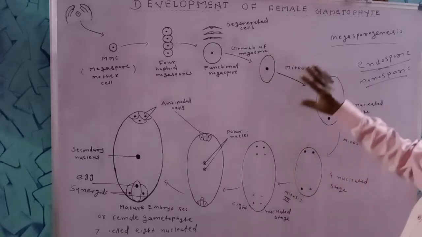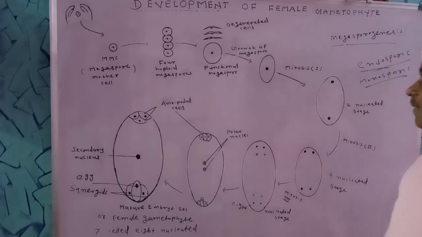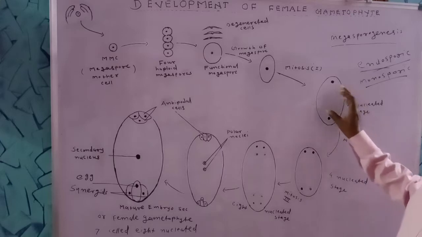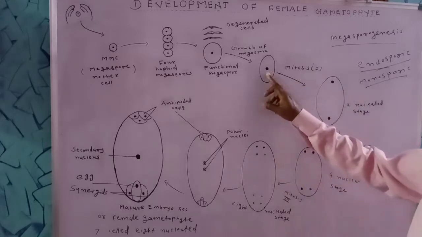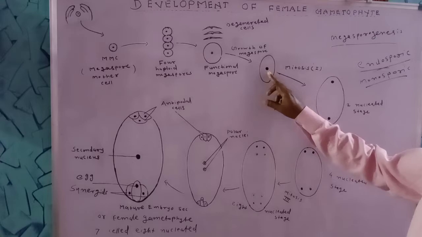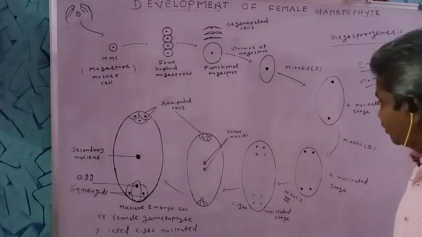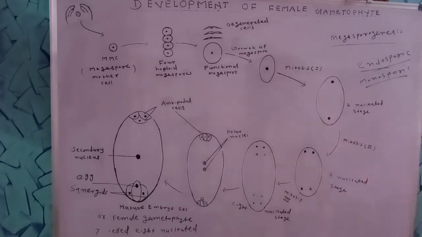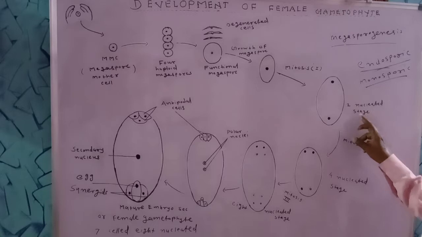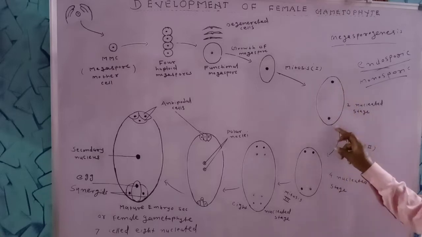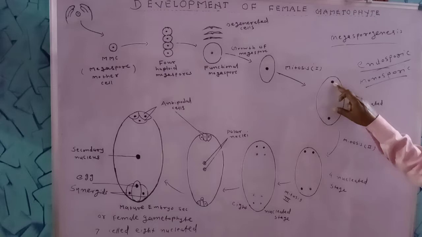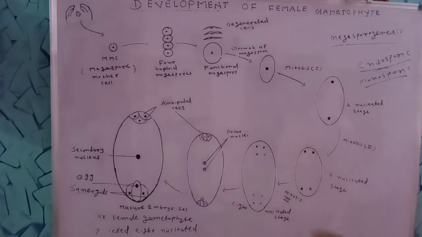At the end of the first mitosis, the haploid nucleus of the functional megaspore divides into two nuclei, and these two nuclei lie towards each pole, one towards the chalazal end and another towards the micropylar end. So this two-nucleate stage results after the first mitosis.